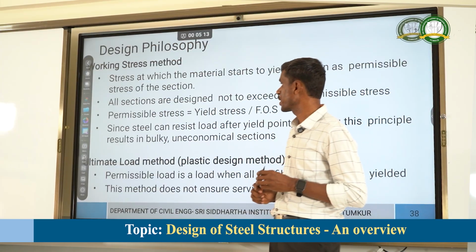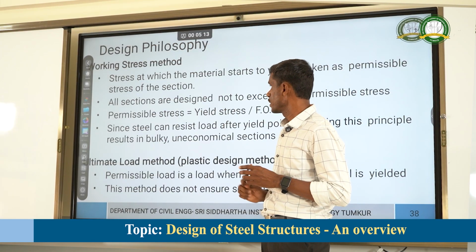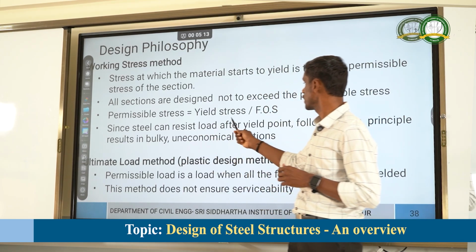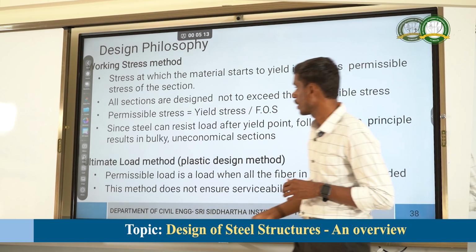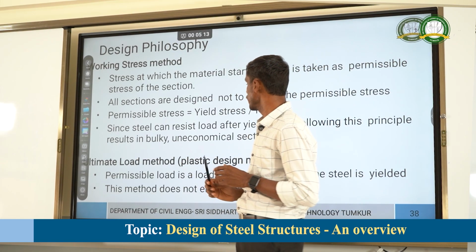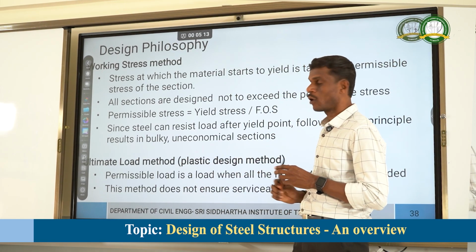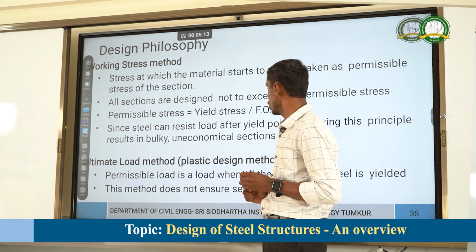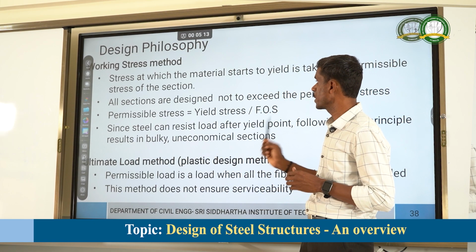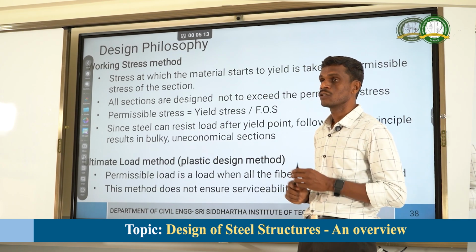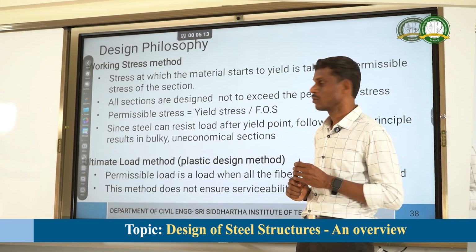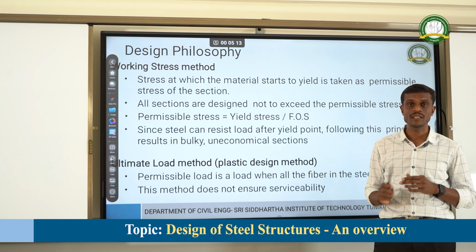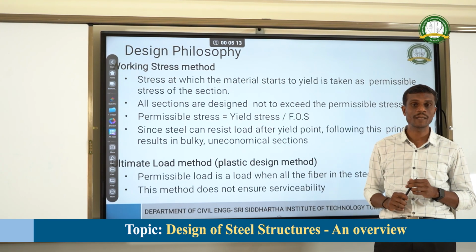Since steel can resist load after the yield point, following this principle results in bulky, uneconomical sections. So the sections were very large, bulky sections were taken and it was uneconomical. Hence it was overcome by the ultimate load method.